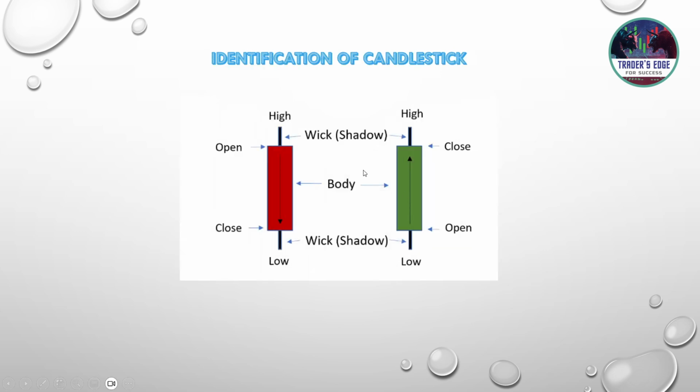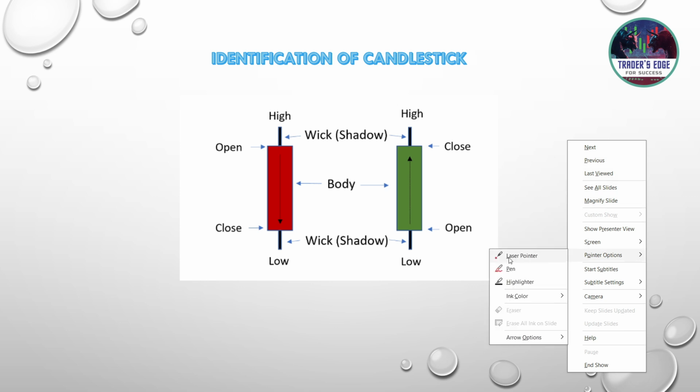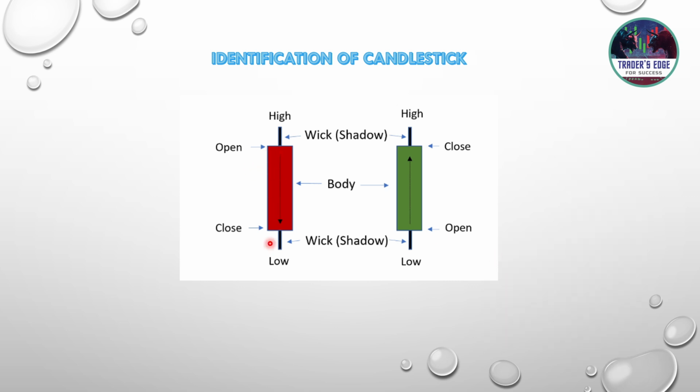As you can see in this photo, there are two basic candles, one represented as a bearish one and another represented as a bullish one. Generally the colored portion of these candles is represented as the body, and the shadow portion left behind and above the candle is represented as the wick of the candlestick.